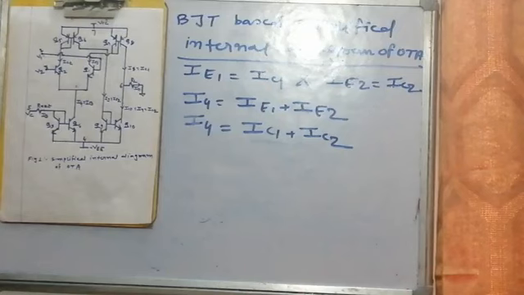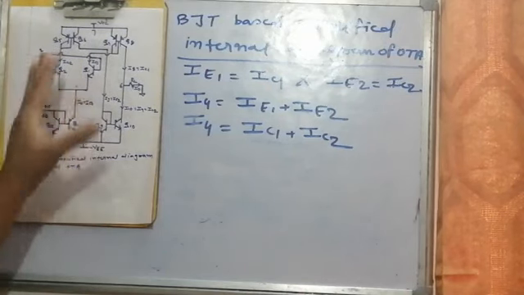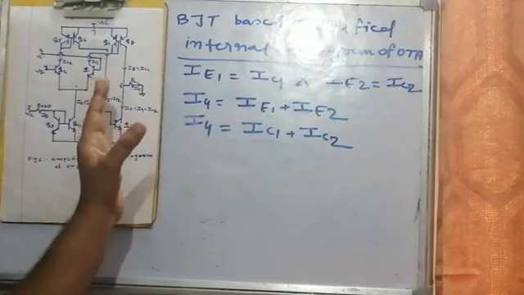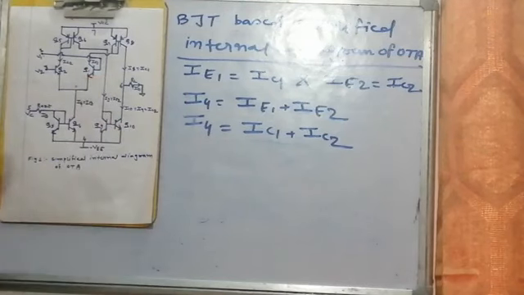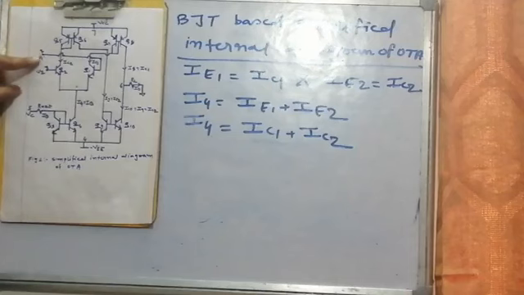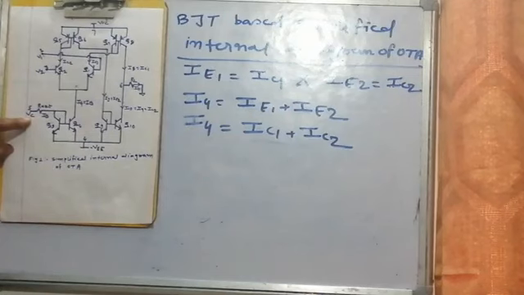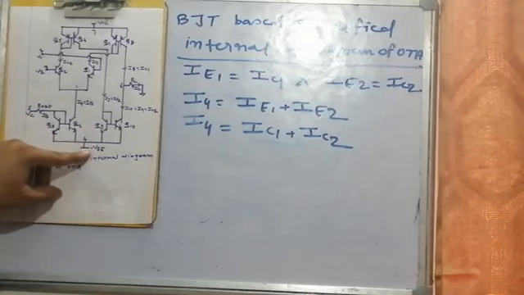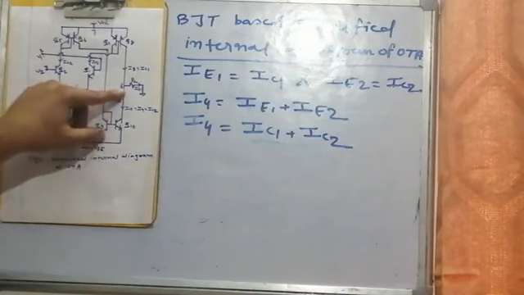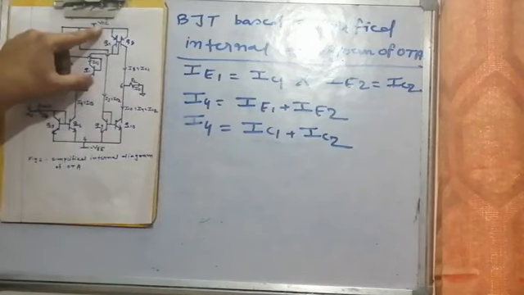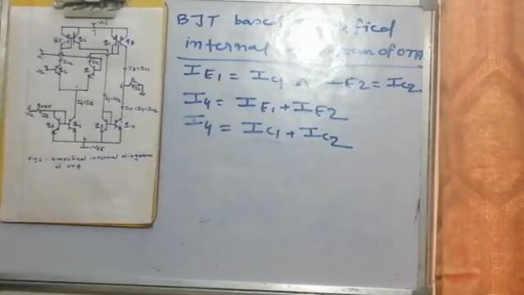So if I compare this diagram with the pin diagram of OTA, pin 2 works as the non-inverting terminal, pin 3 works as the inverting terminal, recall the previous lecture concept, and pin 5 is used for external bias, pin 4 is used for minus VEE, pin 6 is used for output voltage, and pin 7 is for plus VCC.